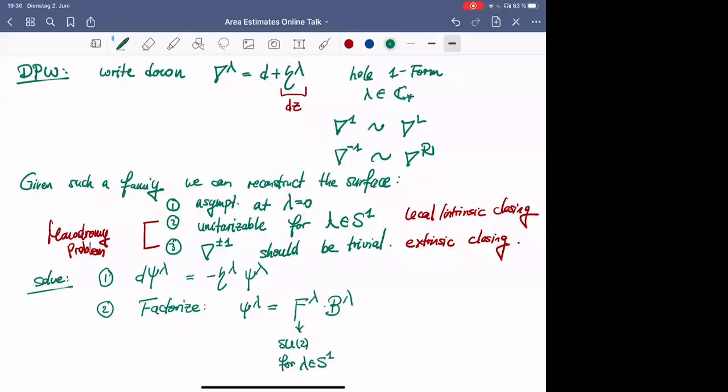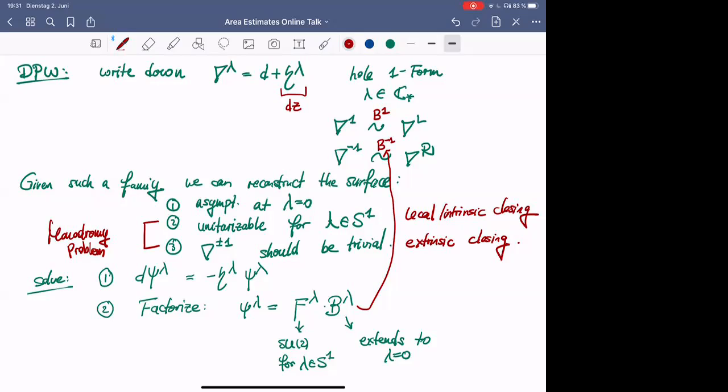That was the condition unitarizable. And this B should be positive, which means it extends to lambda equals 0. And these B's are really, if you go back here, the gauges I was considering. So this one is B1, lambda 1 is gauge equivalent to the left invariant connection by B1, and this one is really B minus 1. Or maybe, well, it should not be the inverse, right? So that's how you get the surface from the DPW potential.